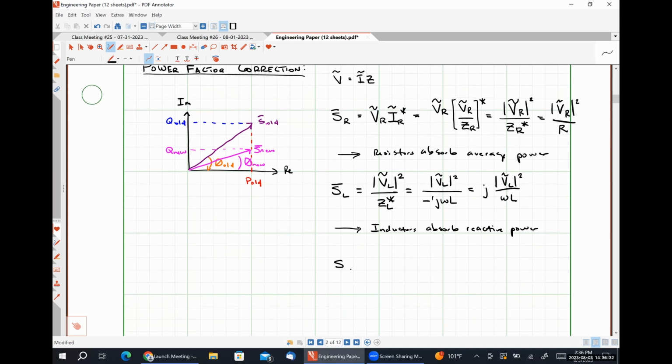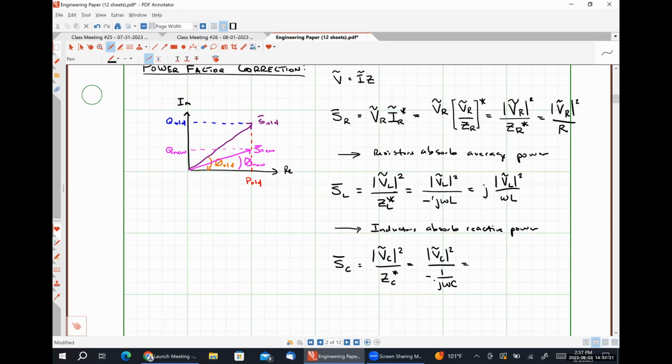Okay. So for a capacitor, we are going to have the magnitude of our capacitor voltage squared divided by the impedance of our capacitor conjugate, which is going to be Vc squared over negative 1 over j omega C. So I have a factor of negative 1 over j, right?